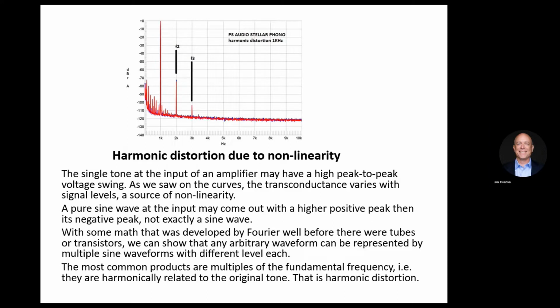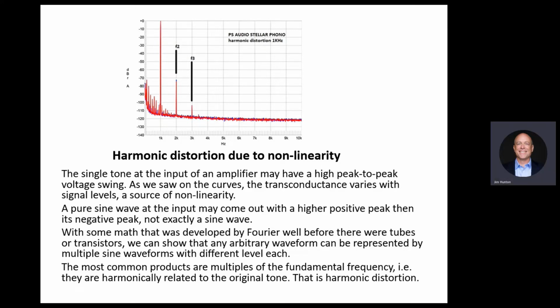Distortion. So this is harmonic distortion. Basically, what we're saying is we're putting a 1 kilohertz signal into the input, and this is the output signal. We put in only a pure 1 kilohertz sine wave. On the output, instead of seeing only the 1 kilohertz, now we see 2 kilohertz and 3 kilohertz, and you'll see 4, 5, and so on.